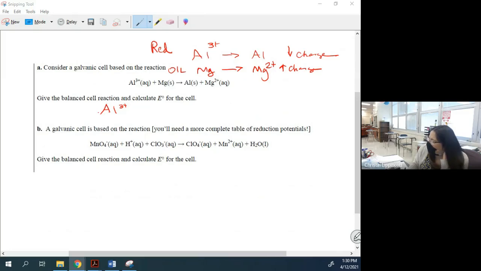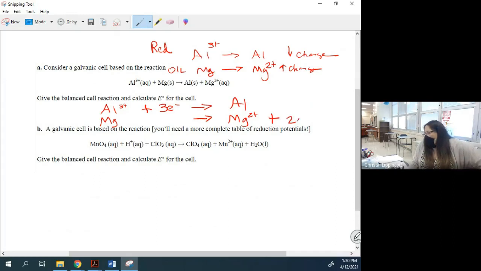Okay, so do you see here I've got three positives here? Do you see the 3 right here? If I add in 3 electrons, that's going to give me this aluminum, correct? If I take my magnesium and I'm going to go down to Mg2 plus, how many electrons will I have lost in that process?